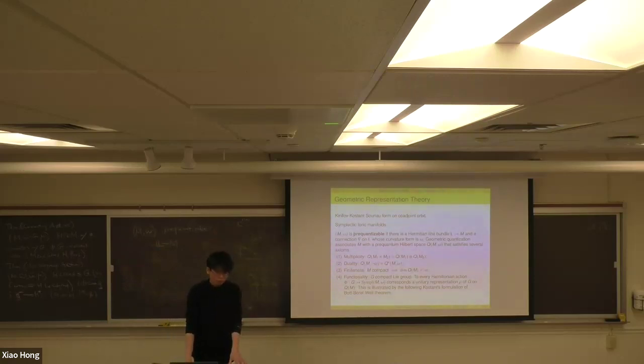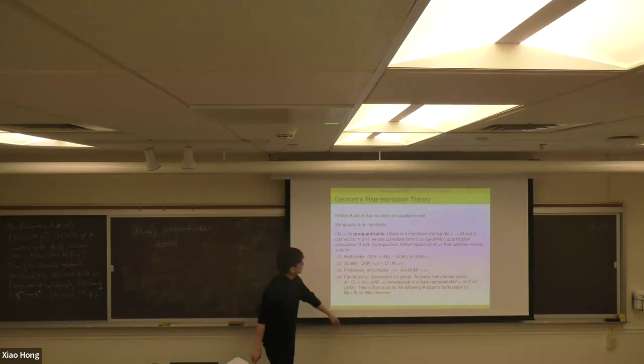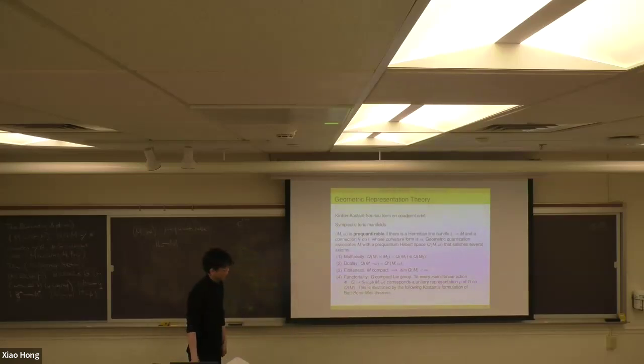And the theory of geometric quantization is concerned with the problem of quantizing M by attaching to it a pre-quantum Hilbert space QM, satisfying several axioms. I will not talk about how to do this pre-quantization, or the existence of such quantization, or the uniqueness of that. We will simply assume that for the spaces we are interested in, they are there.